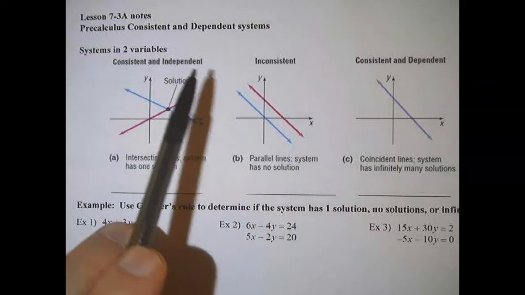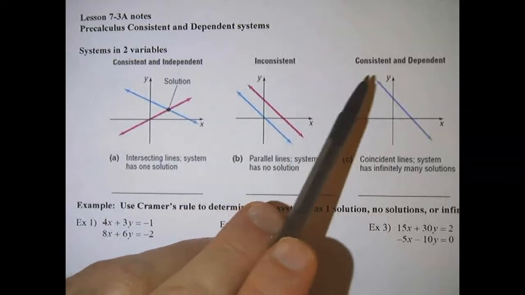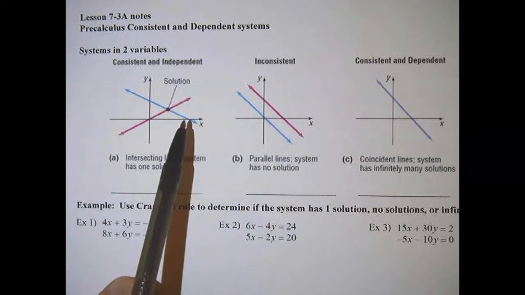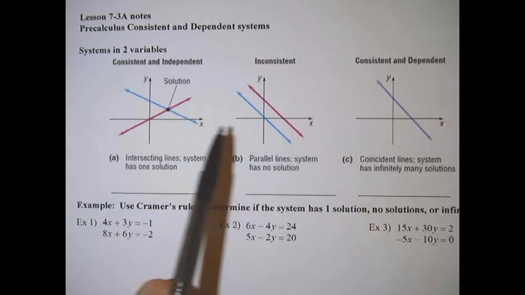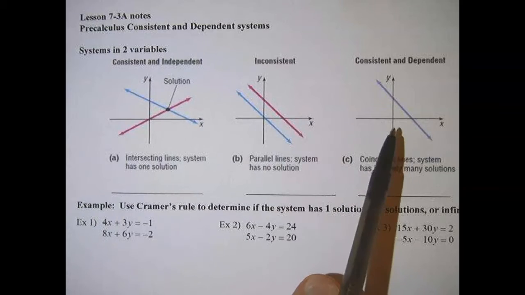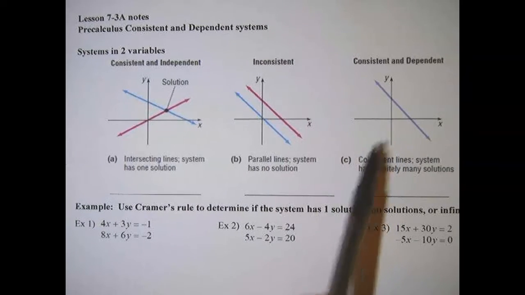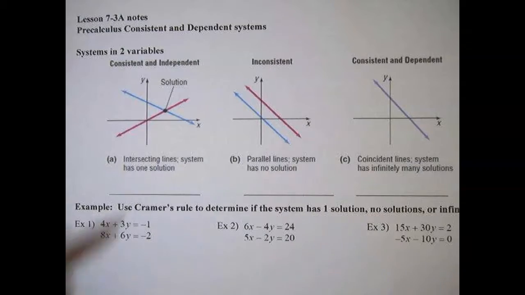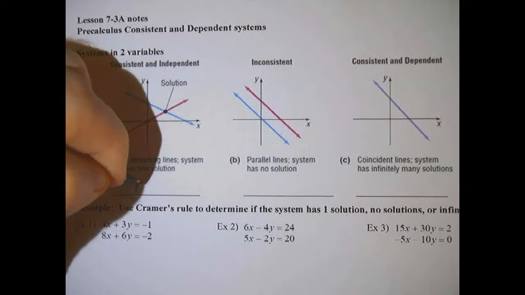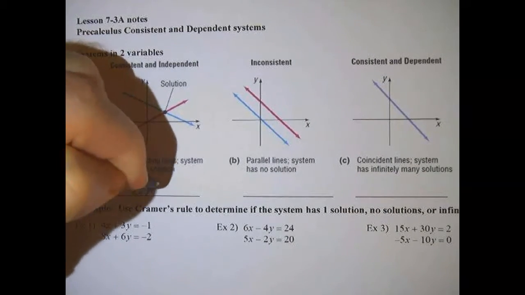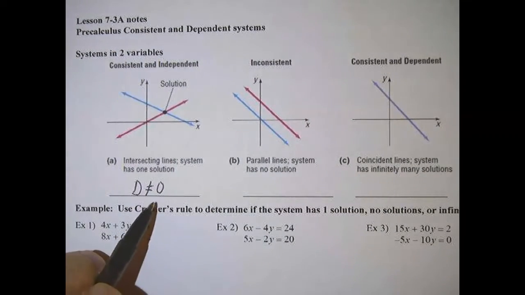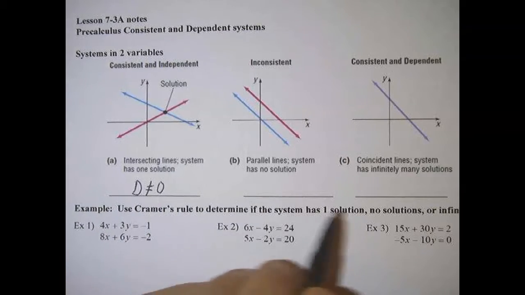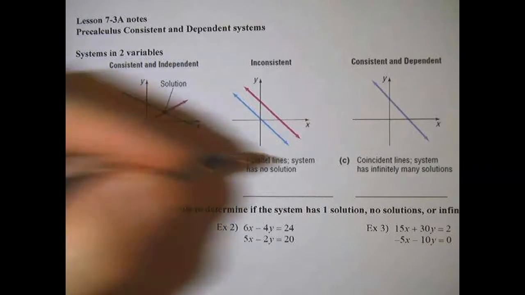I'm not so much concerned about the terminology as I am concerned that you understand the ways that the lines interact, whether they're parallel, coincide, or just intersect at a point. We already know that if the determinant is not 0, then we get a solution. But these are the two cases where the determinant is 0.